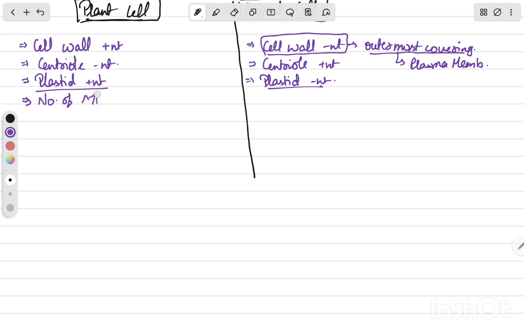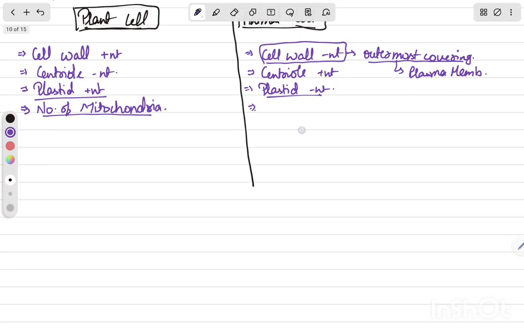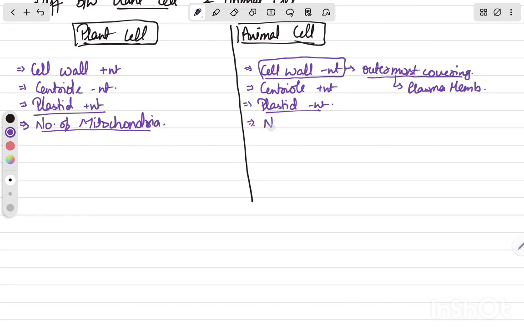Next difference between plant cell and animal cell: number of mitochondria. Number of mitochondria are less in plant cell, since their energy requirement is less, and in animal cell, number of mitochondria are more. Here it is less.